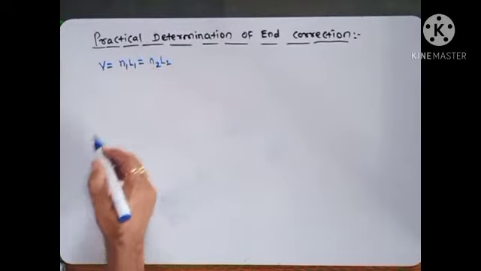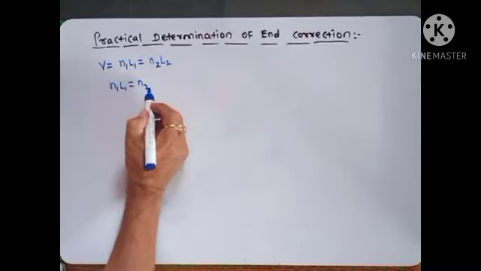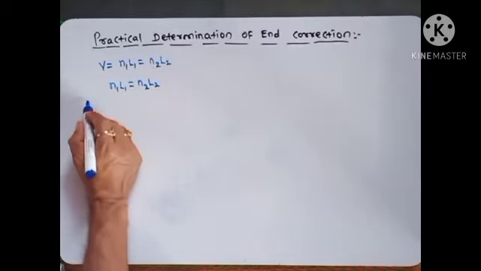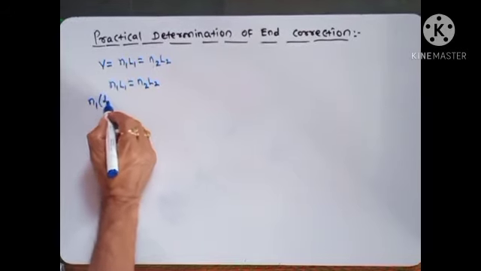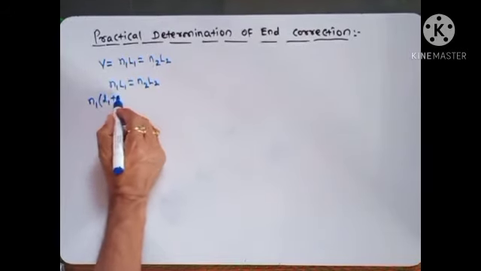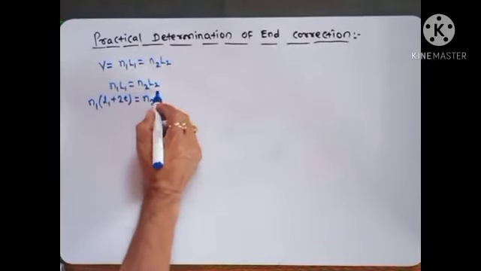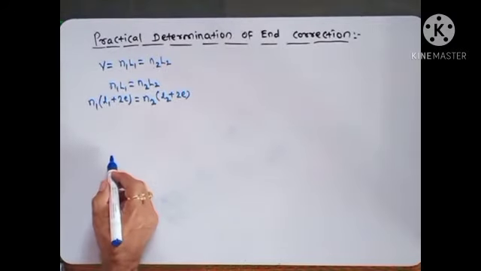N1 is the first frequency, N2 is the second frequency, L1 is the first length, and L2 is the second length. Then here we get N1 as it is, and for the length we write L1 plus twice E, which is equal to N2 as it is, L2 plus twice E, the second length.